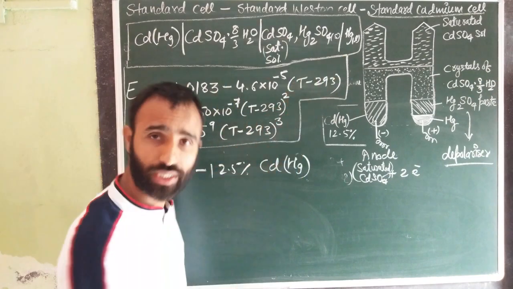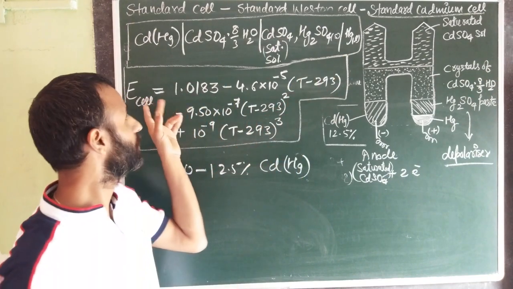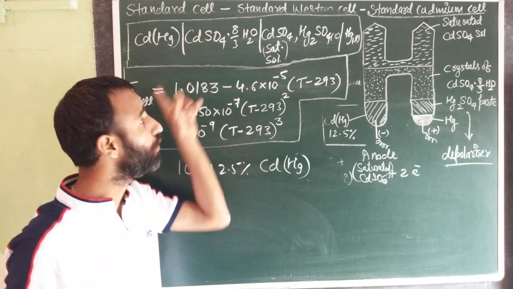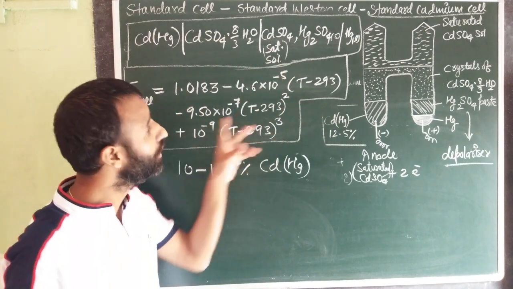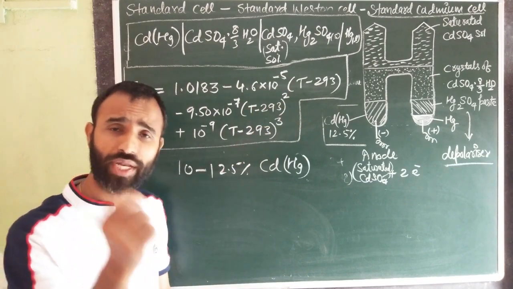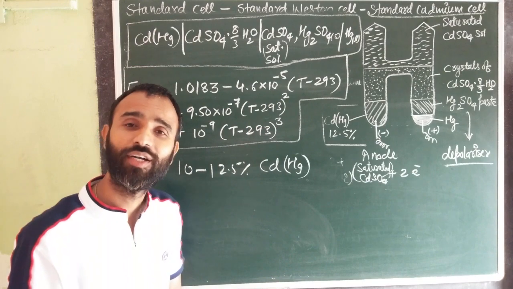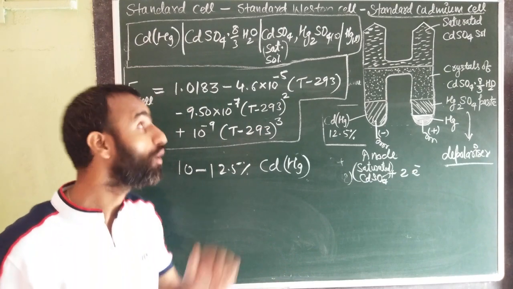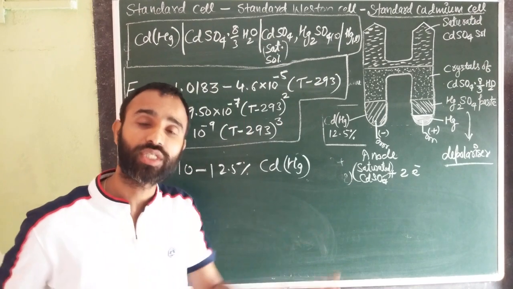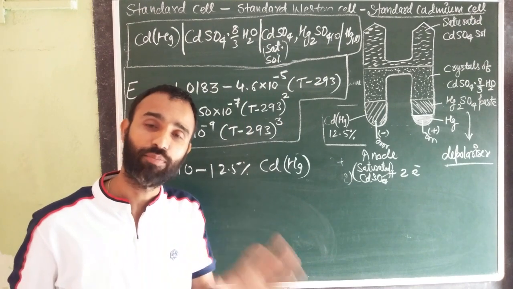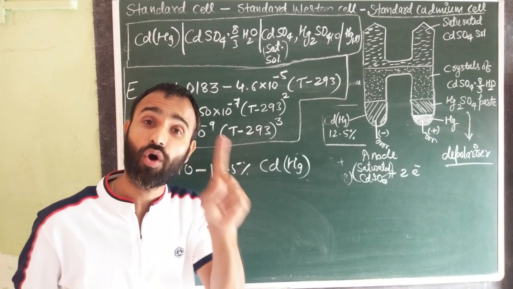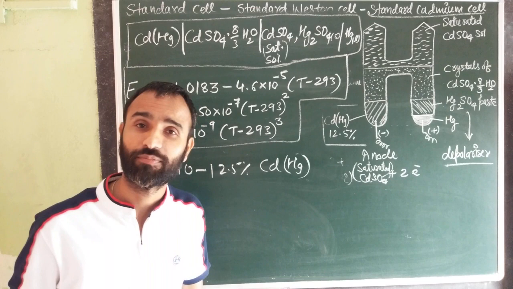The cell representation is this, and this is the dependence of E cell of the Weston cell on temperature. It shows that there is very little dependence on temperature. That means the EMF of this standard Weston cell remains almost constant with temperature as well as time, if it is not used for a longer period of time.